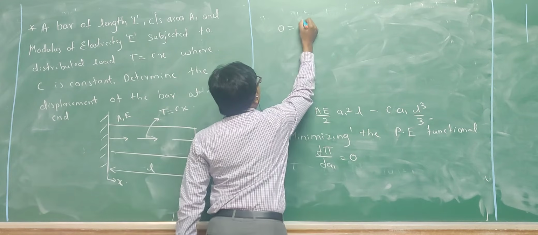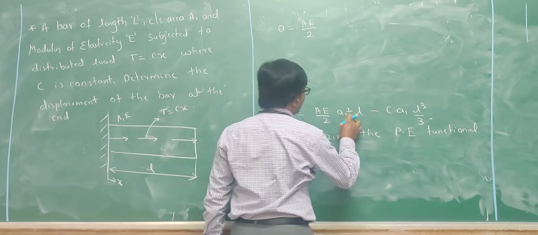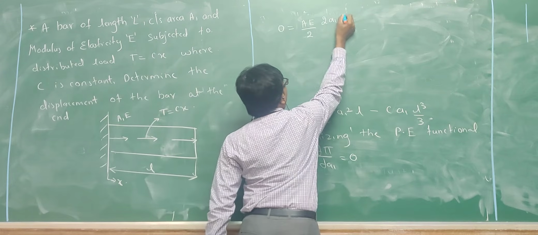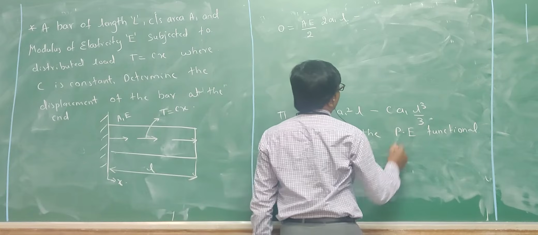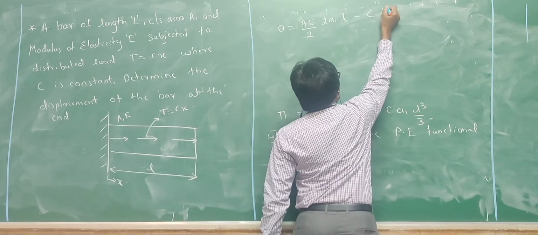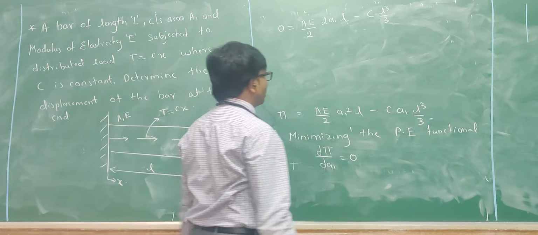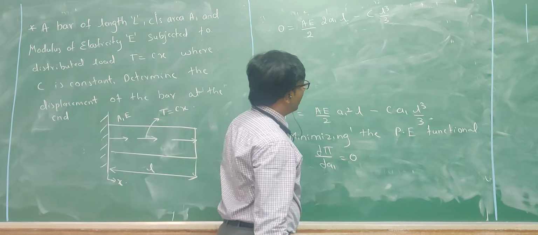So AE by 2 into a1 square is there, its differentiation becomes 2 a1 L minus, okay, so a1 is there, it becomes c L cube by 3. a1 differentiation becomes 1, so it becomes c L cube by 3.